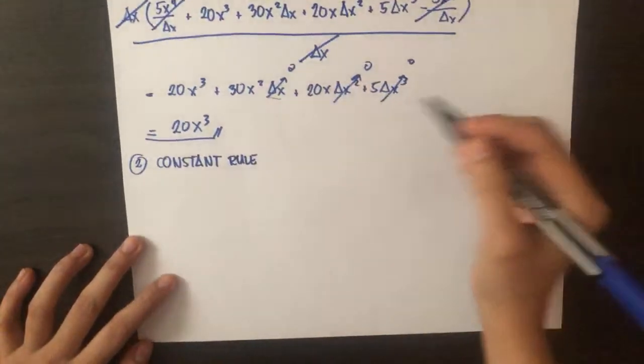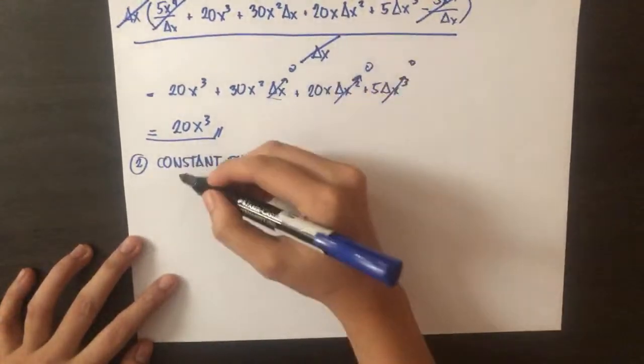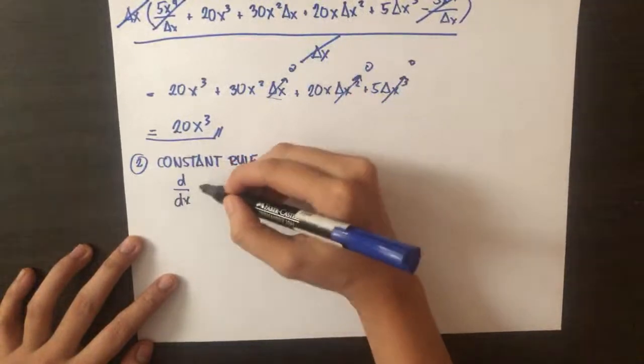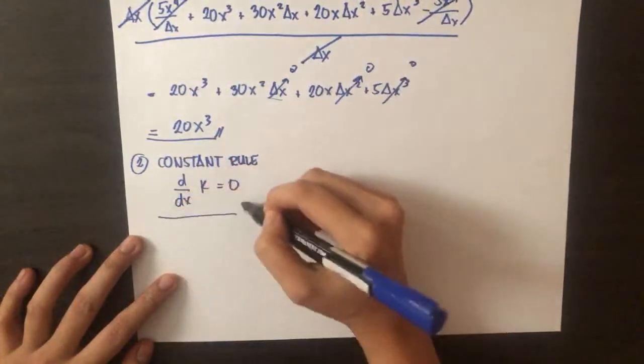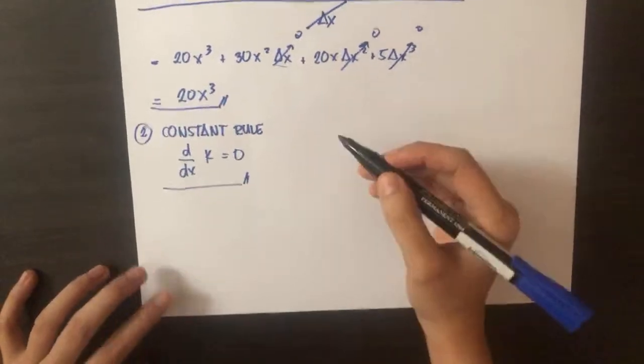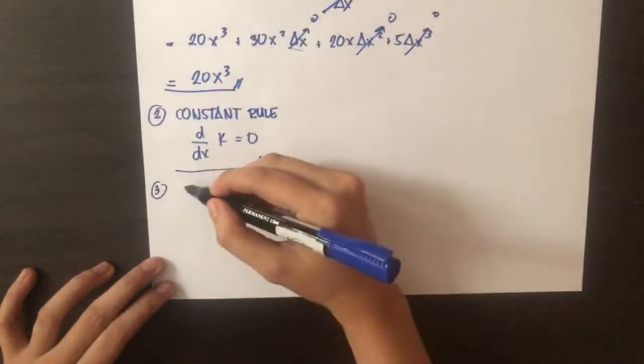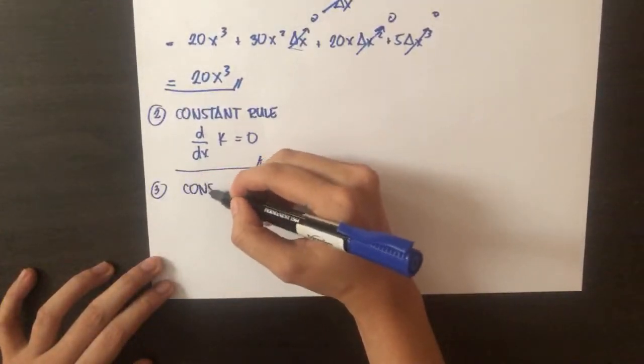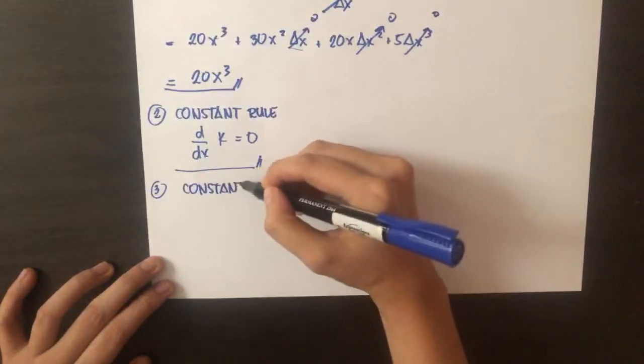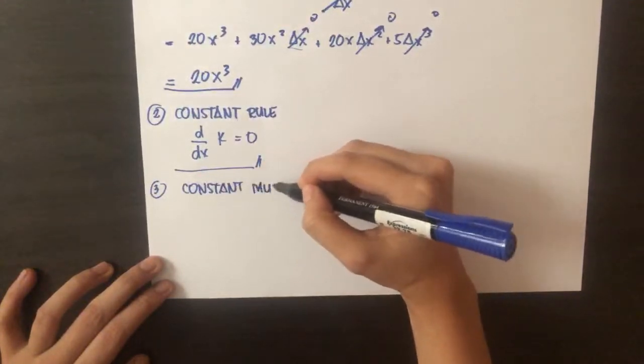So, the constant rule, ang sinasabi lang naman niya is any derivative of a constant is equal to 0. So, always yan. Always yan. Pangatlo is we have the constant multiple rule.